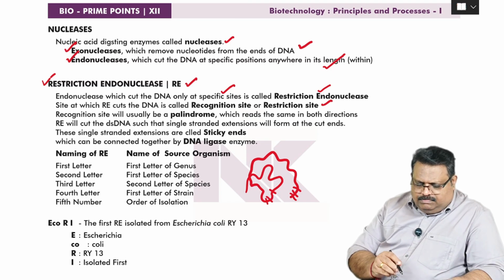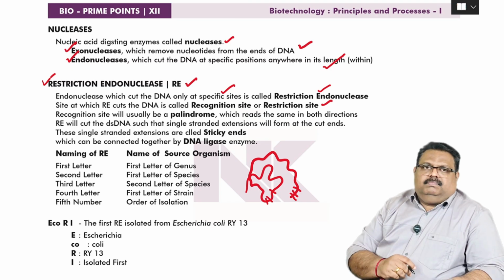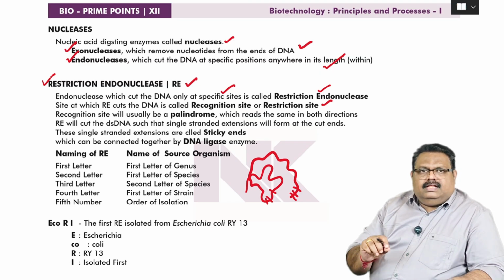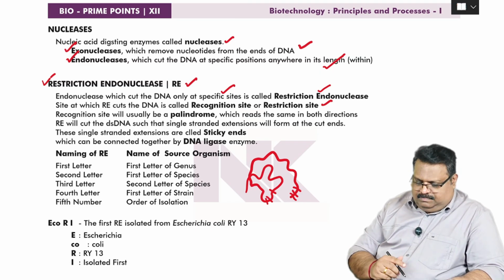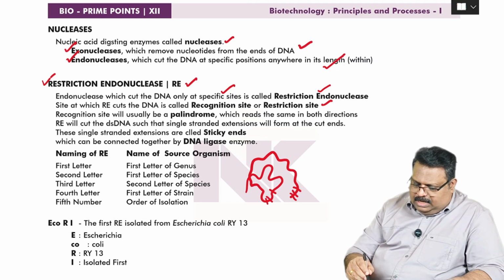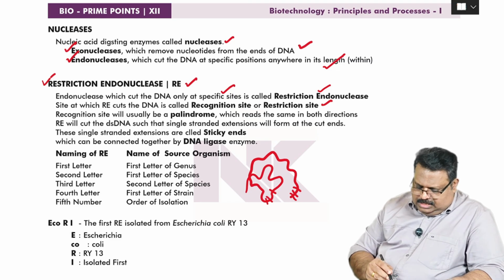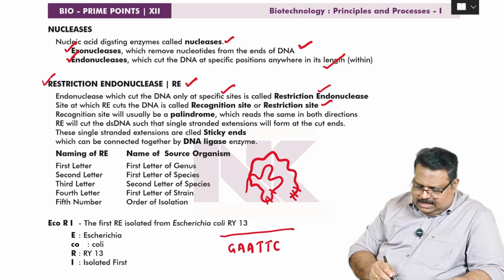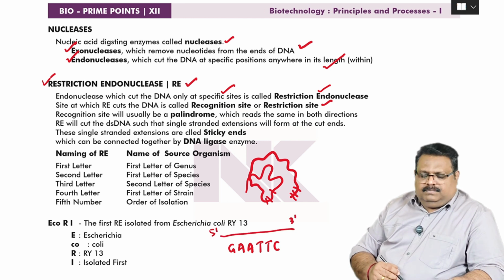The recognition site will usually be a palindrome. Palindrome means the DNA sequences read the same forward and backward, which read the same in both directions. For example, GAATTC. So this is read in 5' to 3' direction. Okay.